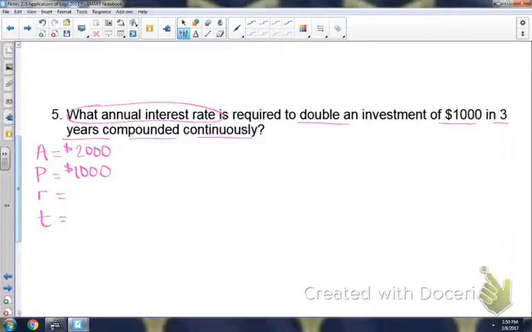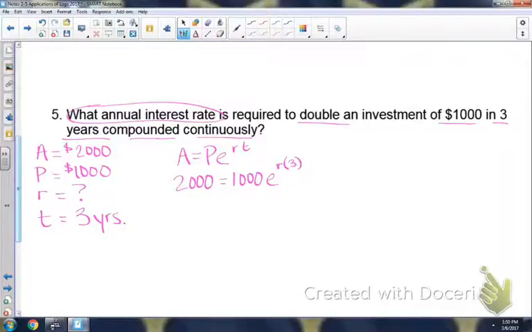The rate we don't know. We know the time is 3 years. Alright, so plugging in, we have 2,000 equals 1,000. We don't know R, and we know T is 3.